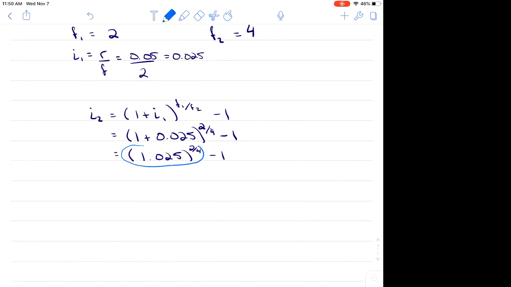But in general, on your calculator, you would have 1.025 and then the y to the x button, and then brackets 2 divided by 4 and brackets.